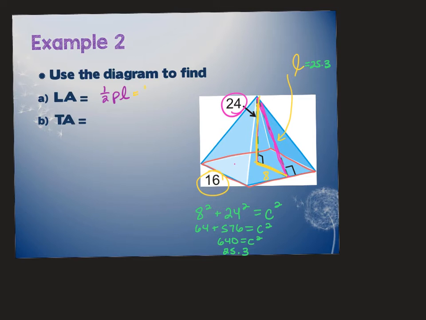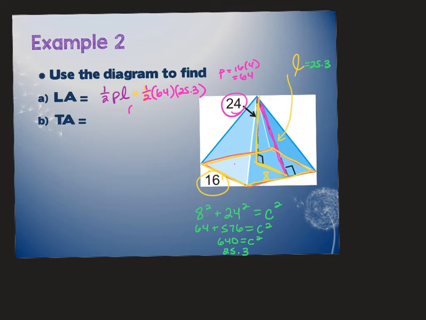Now I know 1/2, my perimeter is 16 plus 16 plus 16 plus 16, or 16 times 4, which is 64, times my slant height, which is 25.3.